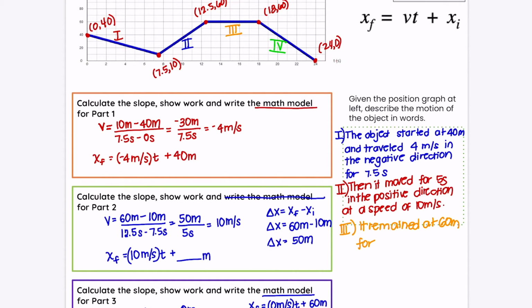And part 4, we see the direction of it changing once more, and it's going in a negative direction.